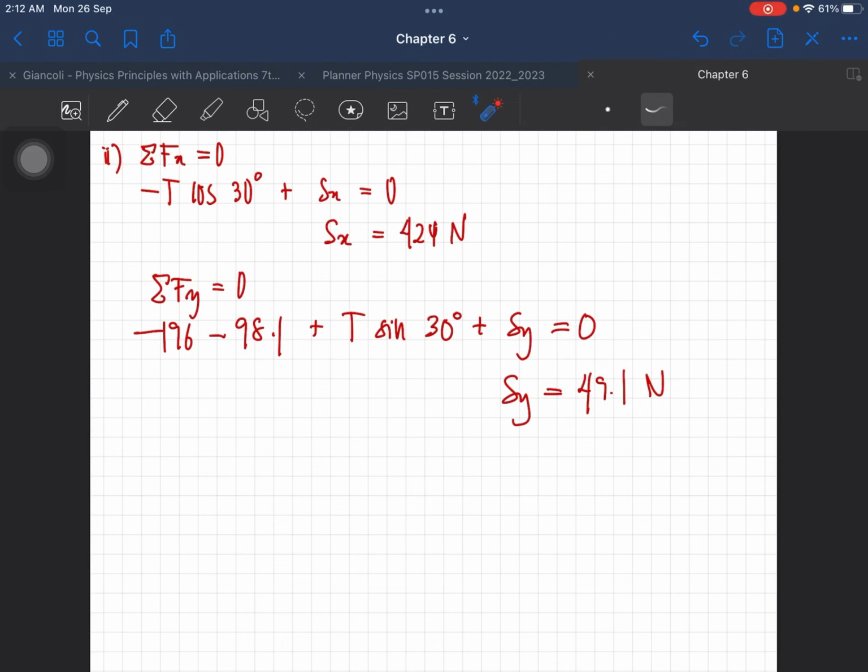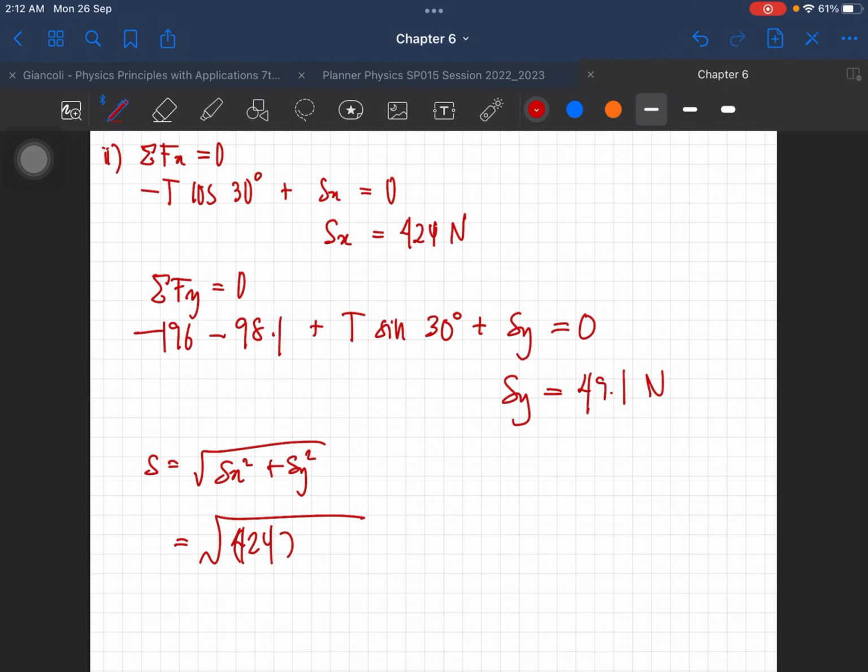Okay, and then let's continue solving this shear force, because this is only in the x and y component. We need the magnitude and direction of the shear force. So the magnitude is the square root of Sx square plus Sy square, and okay lah, tulis lah.